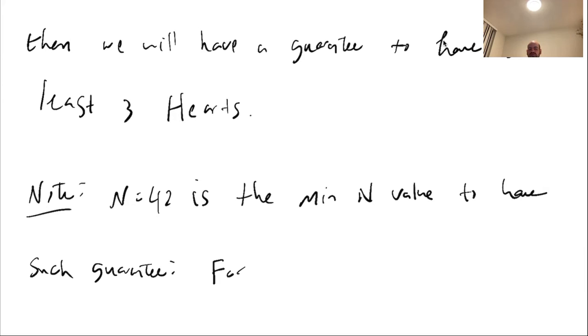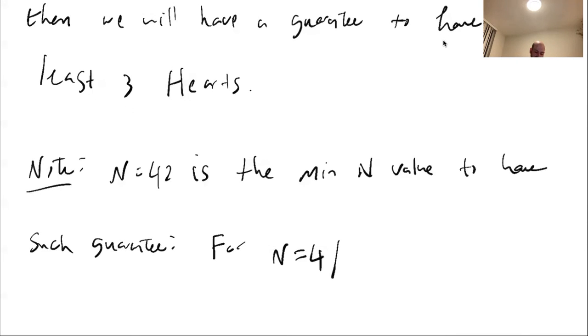You have to show that for n equals 42, you have a guarantee, and also show that this is the minimum number for which you have a guarantee, meaning that if you have one number less than that, which is 41 in this case, you will not have a guarantee. And then these two together will mean that 42 is the minimum number for which we can have a guarantee.